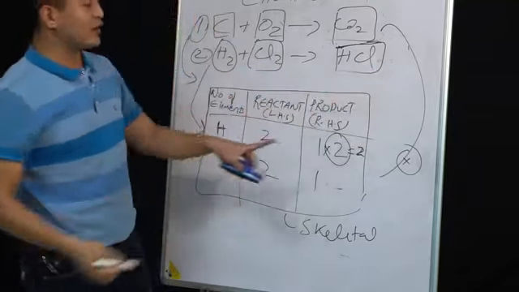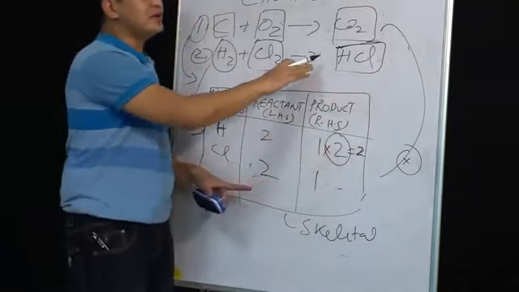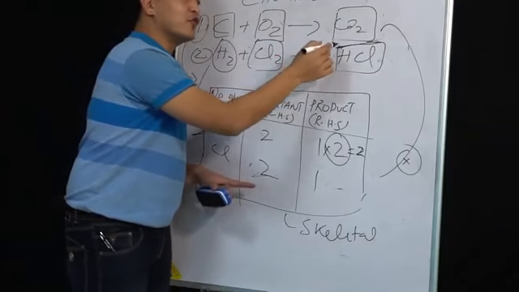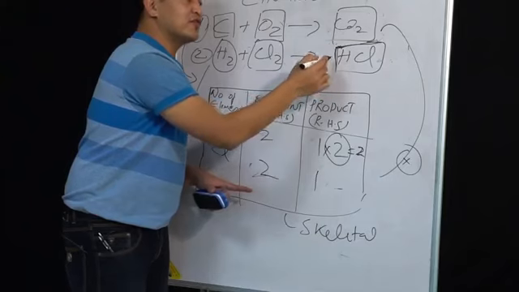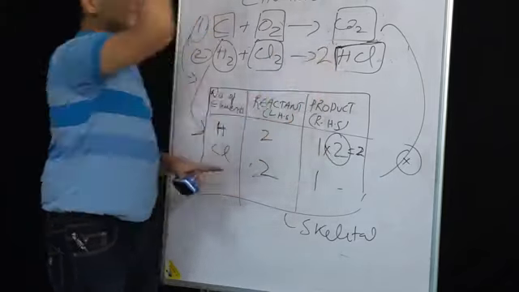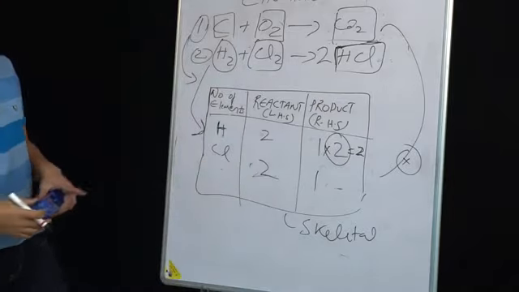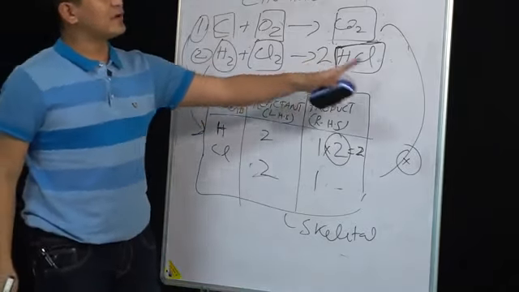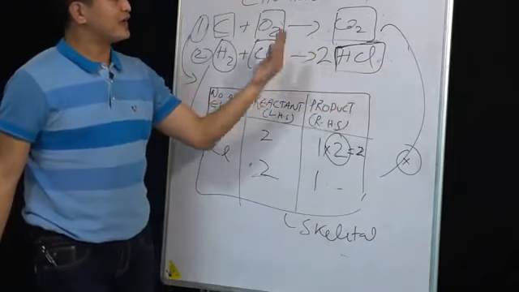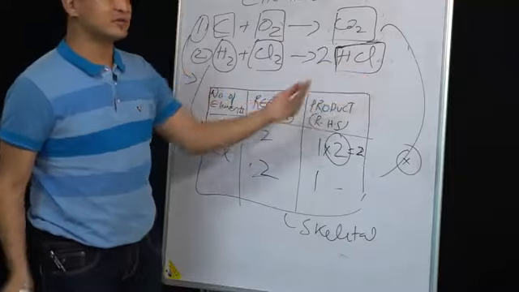The number that you are adding should always be added before the formula. Clear? So here I added 2, so I'll write here 2. We can never write the number here. Whatever number you're adding should always be added before, not after.